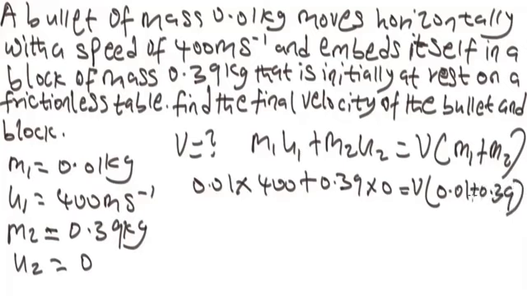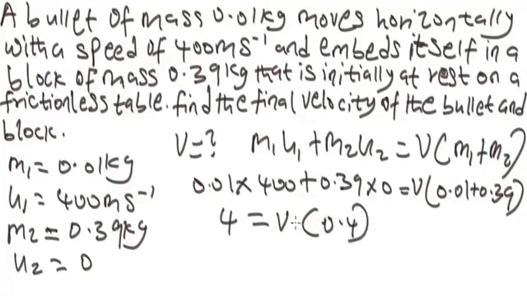When you simplify this, 0.01 times 400 gives us 4. 0.39 times 0 still gives you 0. So we are left with 4 on the left side of the equation equals v in bracket. When you add what is inside the bracket, you're going to have 0.4.